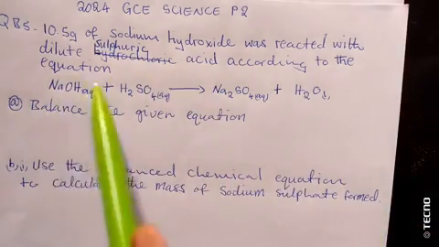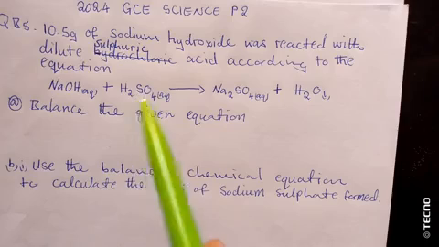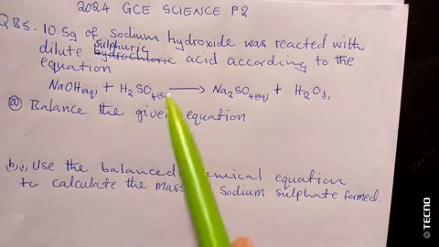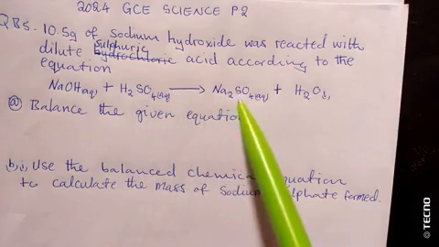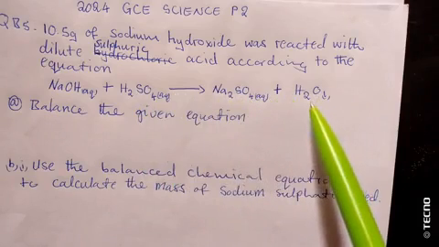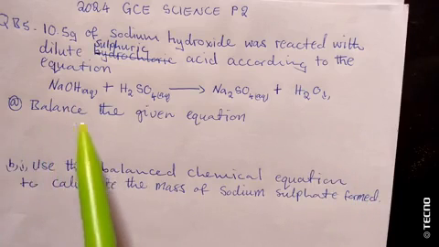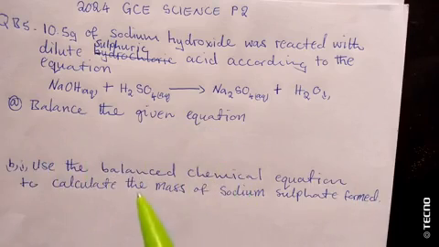We've got sodium hydroxide plus sulfuric acid, which is dilute, which will give us sodium sulfate plus water.